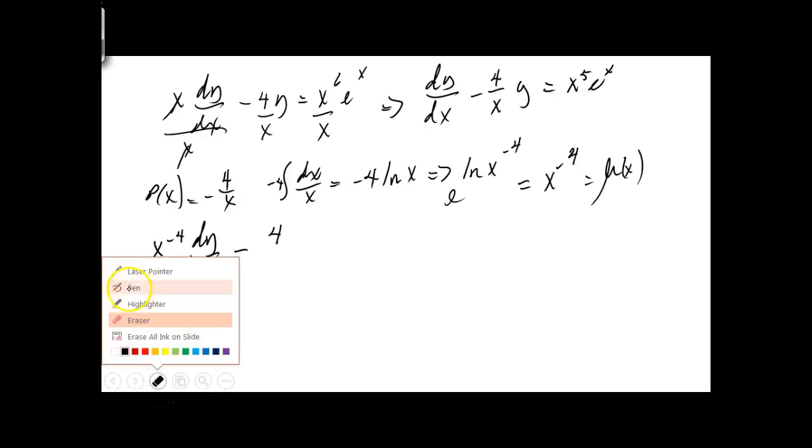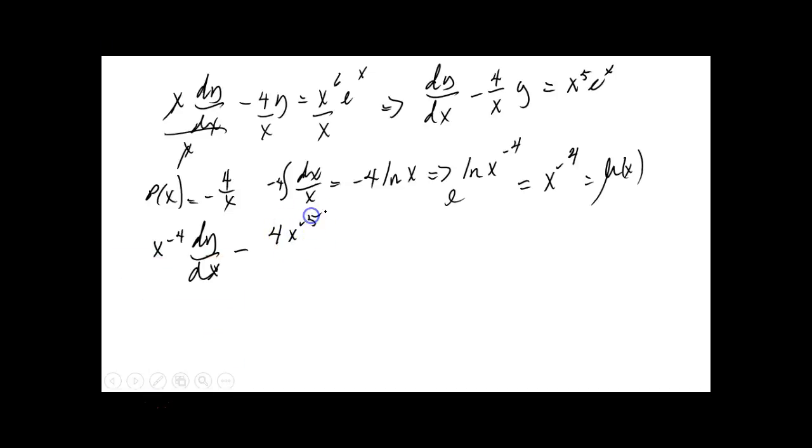Let's keep it in negative exponents. x to the minus 5, y, is equal to, and when you multiply x to the minus 4 by the right-hand side, what are you down to? Multiply x to the minus 4 times the right-hand side, and you get x e to the x. Very good.